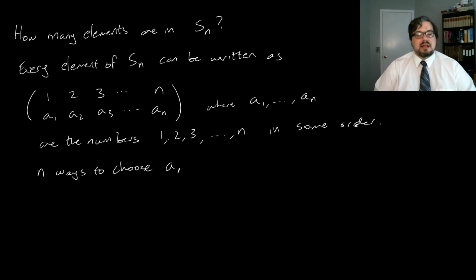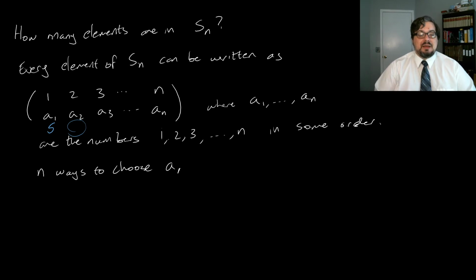And then, how many ways are there to choose a2? Well, we could choose any number from 1 to n except what we already chose for a1. So if we chose a 5 here for a1, we can't choose a 5 here for a2. That wouldn't be a bijection. That function would take 1 to 5 and 2 to 5, which doesn't work.